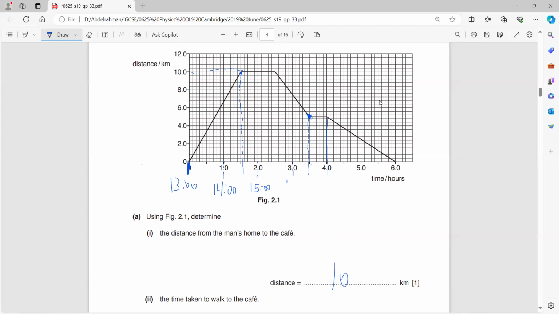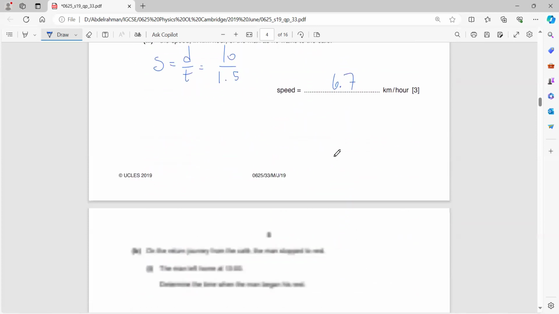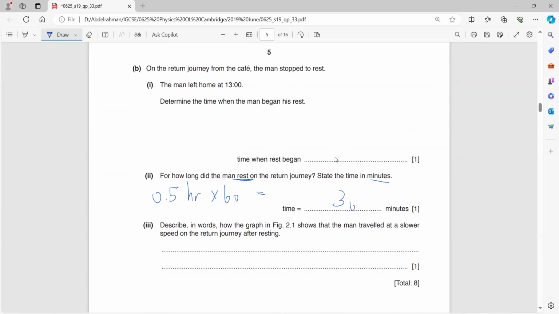Then 4 o'clock, and then an extra half hour, so this will be 16:30, which means 4:30 p.m. Very simply, he started at 1 p.m., 2 p.m., 3 p.m., 4 p.m., and 30 minutes, so 4:30 p.m., 16:30.